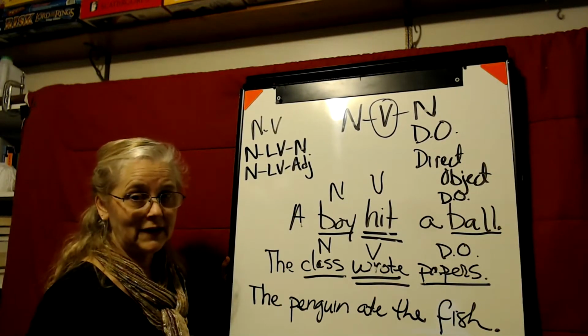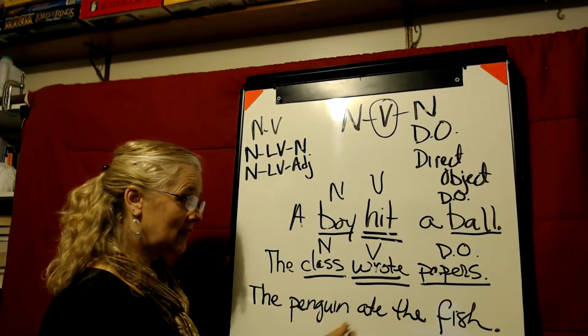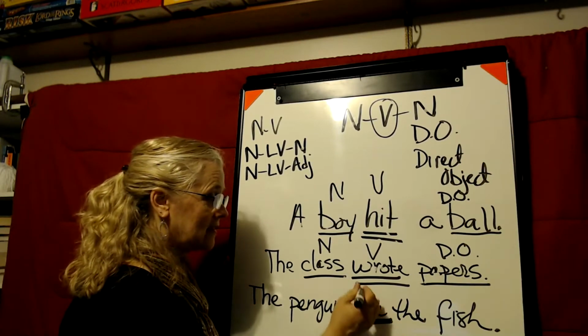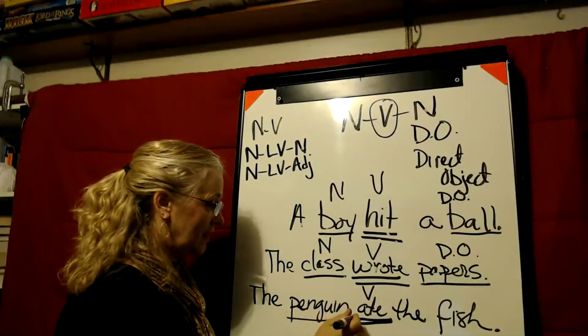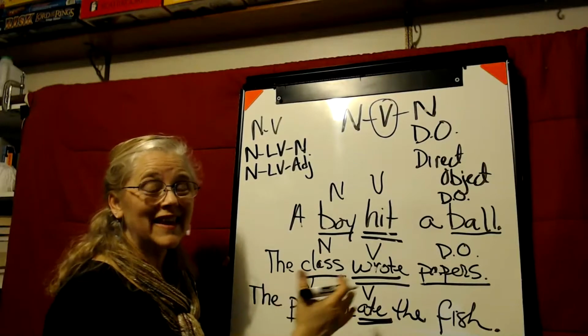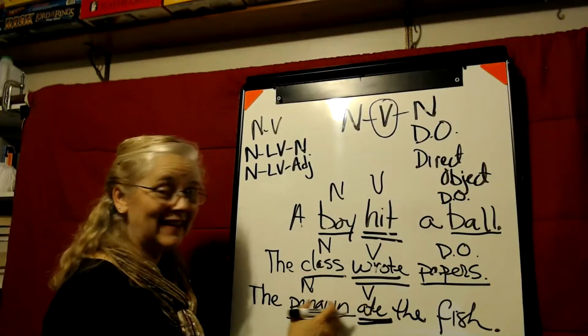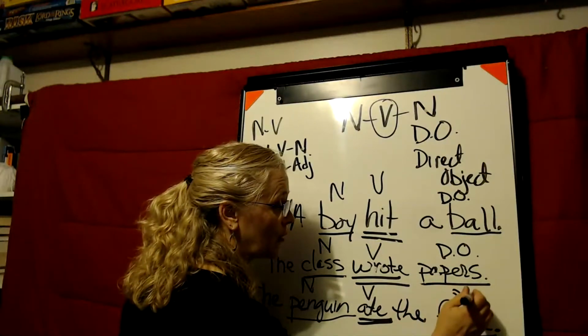Verb. Can you find it? What's the action that's being done in the sentence? Ate. Who's doing the eating? The penguin. And what's receiving the action of the penguin eating? The fish. So that's the direct object.